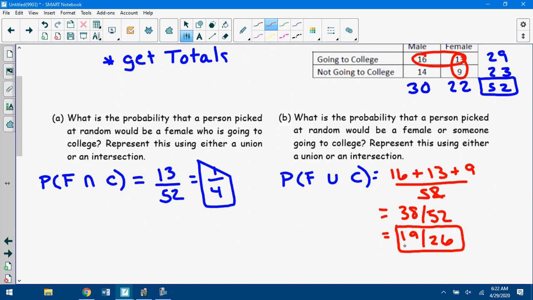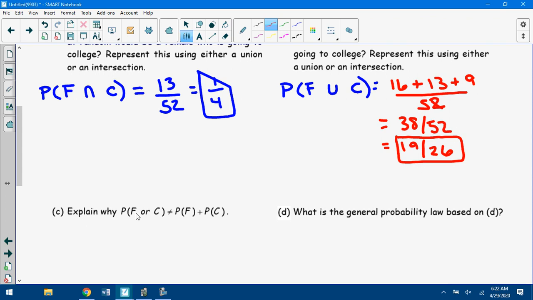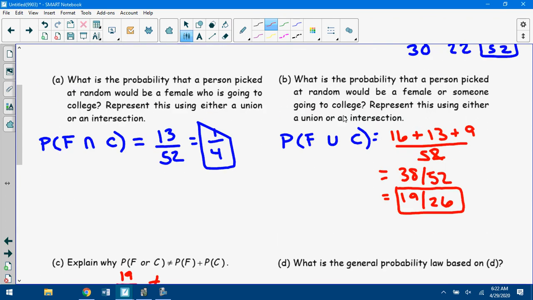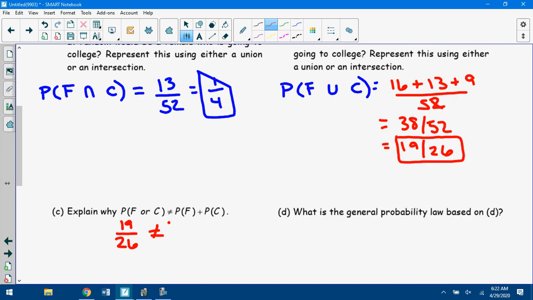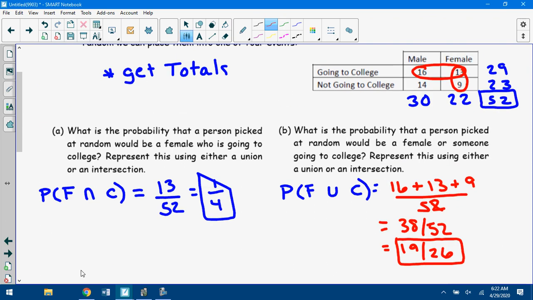Okay. Part C, explain why probability of F or C does not equal probability of F plus probability of C. Well, we just got that this was 19 out of 26, and that supposedly would not equal the probability of being a female, which would be 22 out of 52, plus the probability of going to college, which would be 29 out of 52.